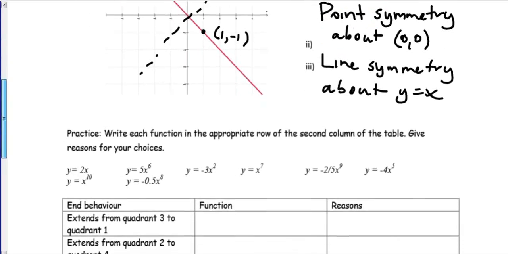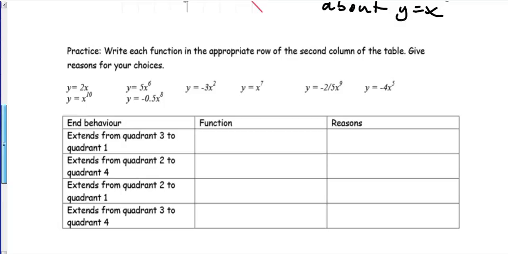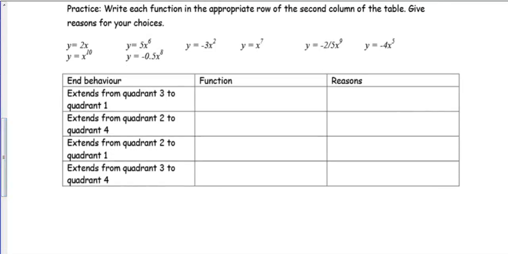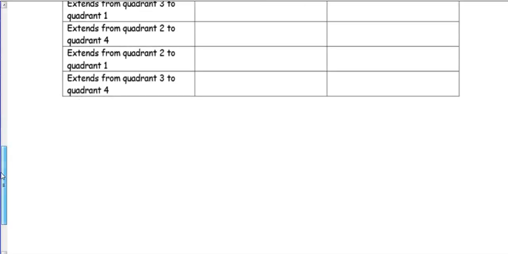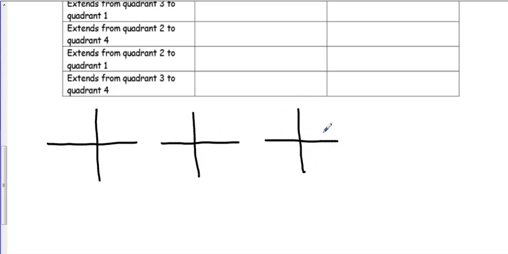So now what we're going to do is match these equations to their end behaviors. So let's just summarize for a second. I'm going to summarize hopefully what you've learned about odd and even degree functions. I'm just going to draw 1, 2, 3, 4 little grids.